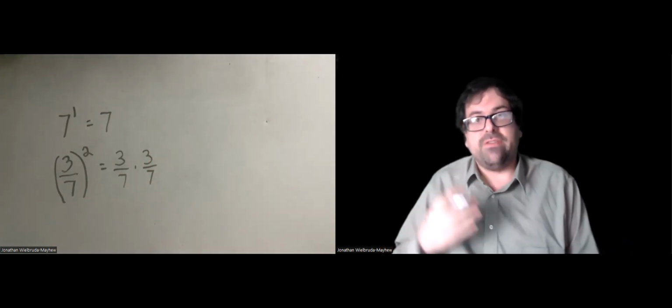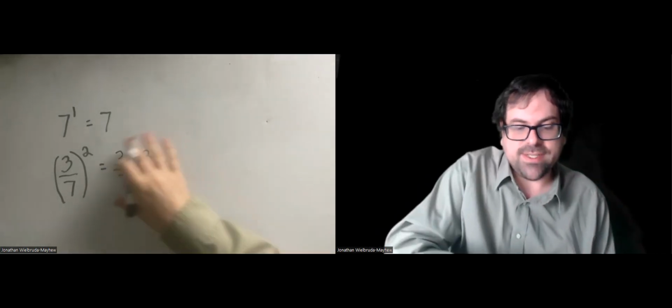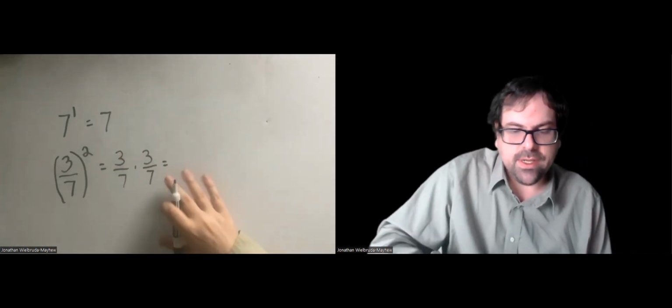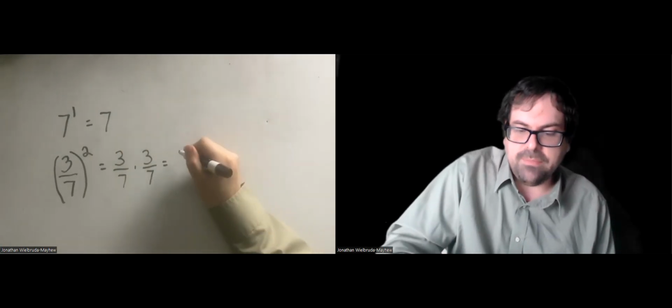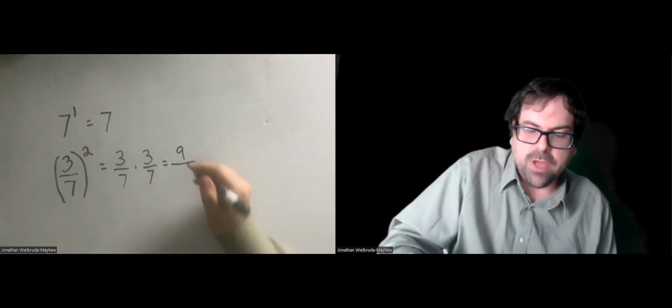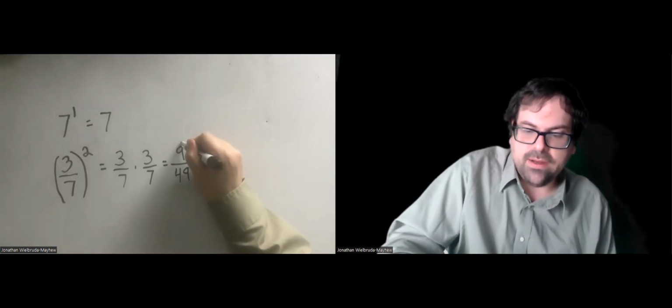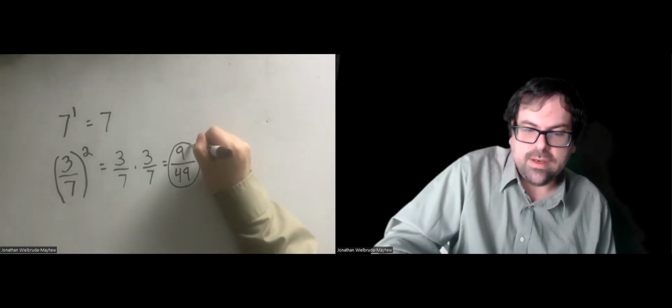We have 3/7 times 3/7. Multiplying fractions, nothing cancels. Multiply across the top, 3 times 3 is 9. Multiply across the bottom, 7 times 7 is 49. 9/49.